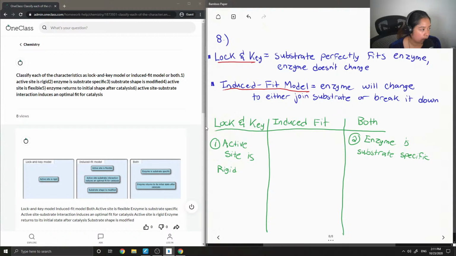Okay, so now let's look at 3. The substrate shape is modified, so we know that this is induced fit. For 4, active site is flexible, again, we know this as induced fit.